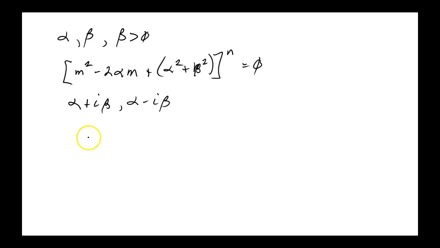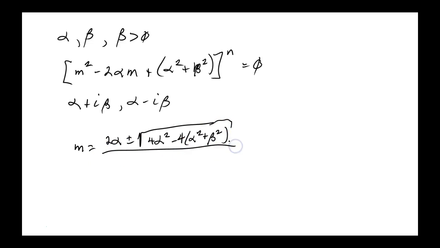If this is a quadratic in m, this says that m is equal to minus b, which is 2 alpha, plus or minus the square root of b squared, which is 4 alpha squared, minus 4, sorry, a is 1, and c is alpha squared plus beta squared, all over 2. A is 1.